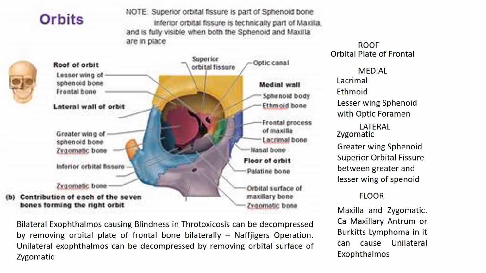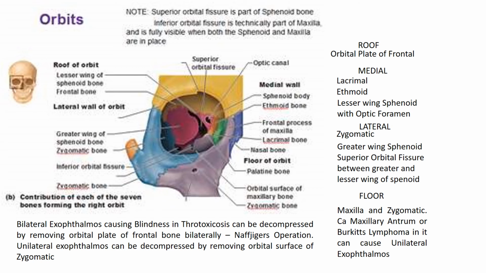Then between the greater and the lesser wing, which is the red, you see the superior orbital fissure in the lateral wall. Then the greater wing of sphenoid. Then you see the orbital plate of the zygomatic bone. Then on the inferior side, you see the maxilla. So the floor is formed by the maxilla and the zygomatic.